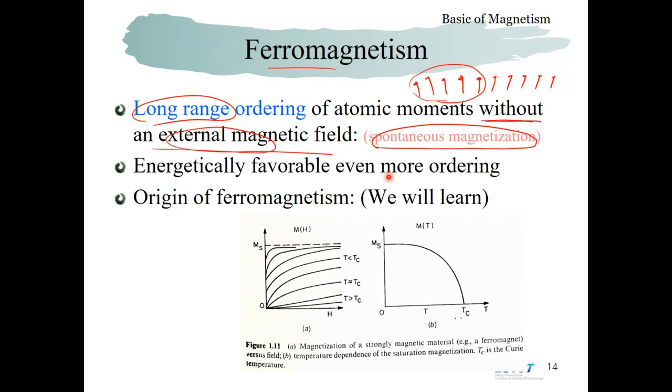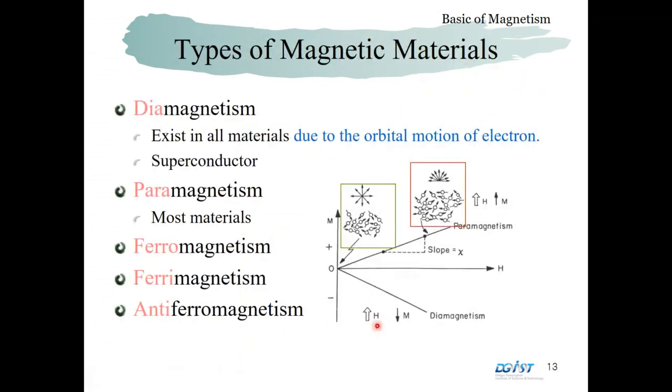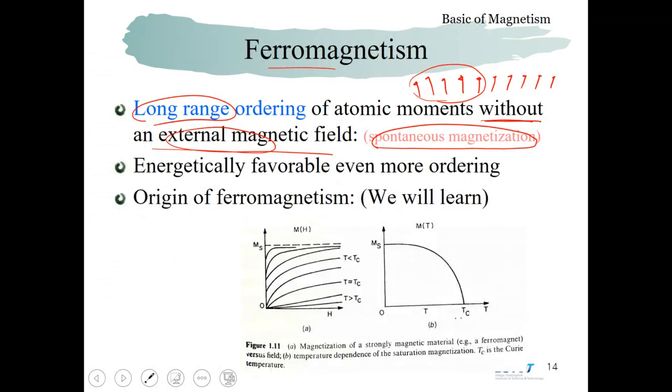And in a ferromagnetic material, see this left cartoon, it's quite similar to the previous one. Here, they show the ferromagnetism. In a ferromagnetic material, there is a critical temperature called the Curie temperature.